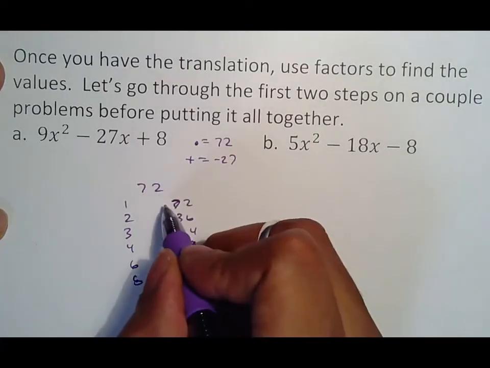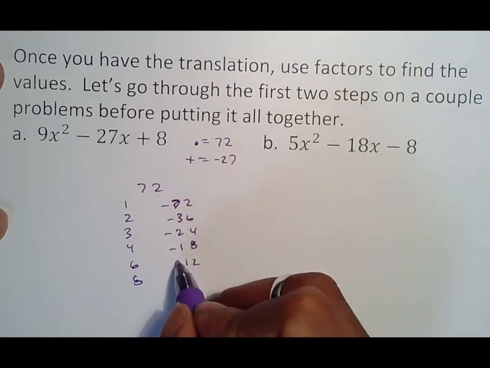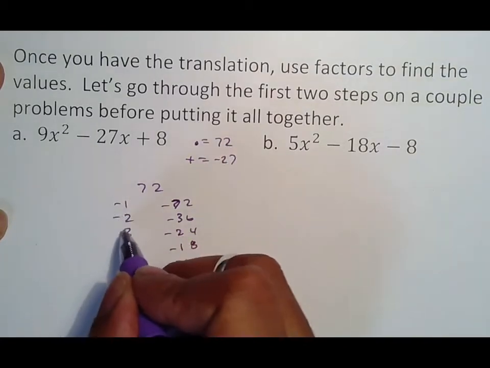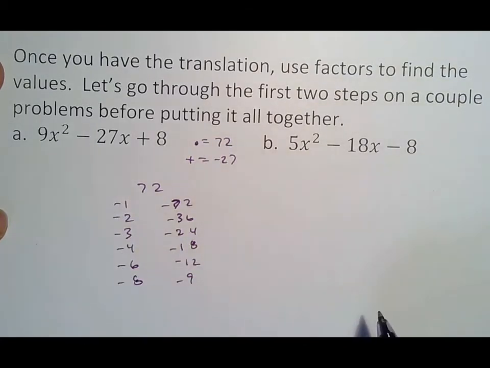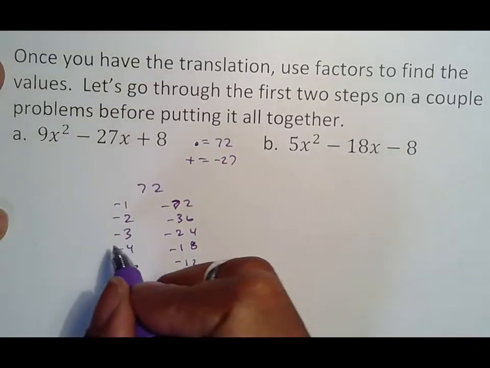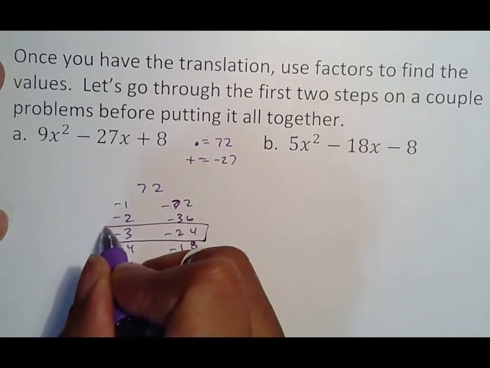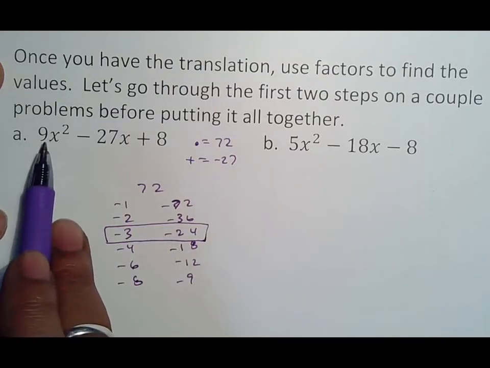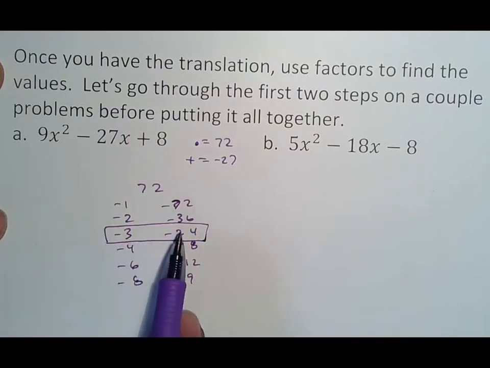The fact that it's negative 27 means my big side is negative. The fact that it makes a positive 72 means the signs have to be the same. Remember, that was from the last part. And which one of these make negative 27 would be those two numbers, which means I'm just going to explain it to you that now you would put 9x squared minus 3x minus 24x plus 8 and continue the steps.